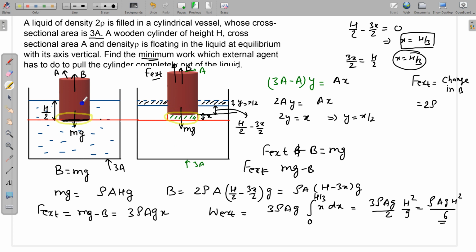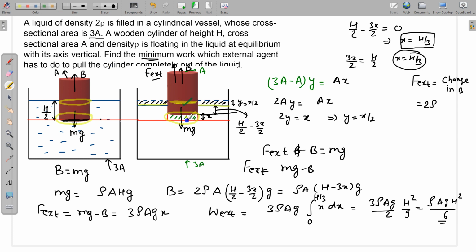And again, because now this is the new level of the liquid, this region has also been lost. This part is not counted in the submerged part now, so this is lost and this is also lost. These two regions are lost.